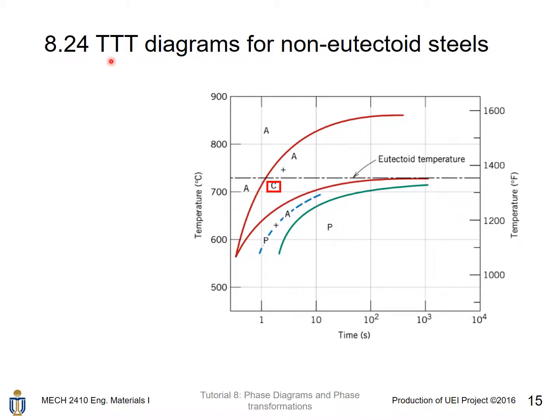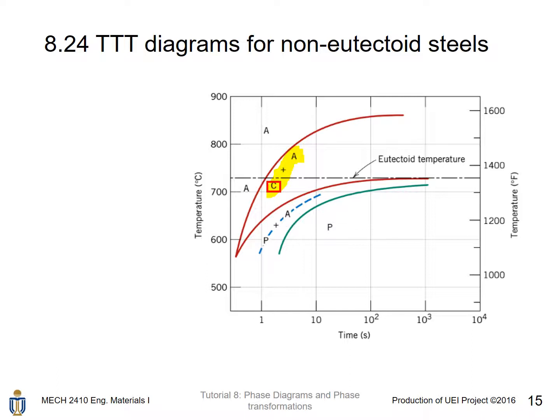TTT diagrams for non-eutectoid steels. And here is one example. In this example, this should be the hypereutectoid steel, as in this region there is the addition of cementite.